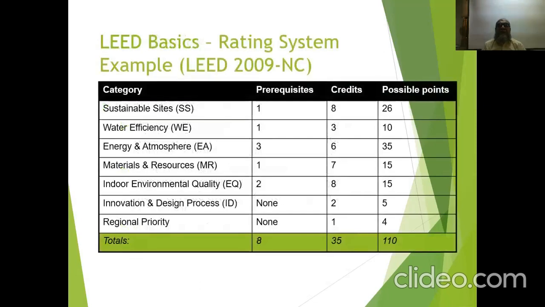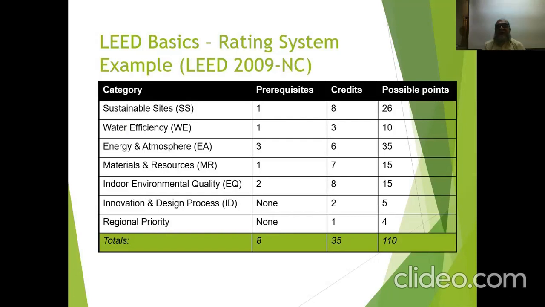As an example, we can look at the category, the prerequisites, how many credits, and the possible points. A building system with sustainable sites has 8 credits and 26 possible points.